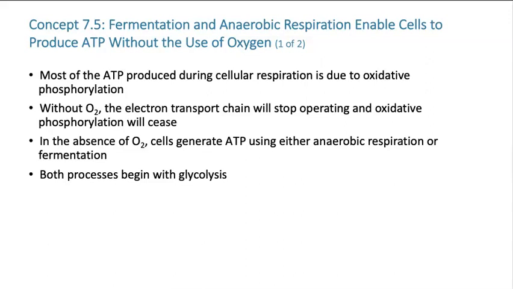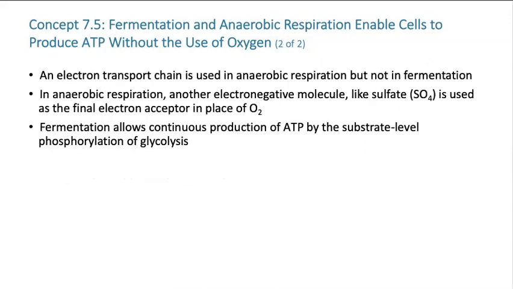And no matter which type of fermentation we talk about, we're going to be starting with glycolysis. Again, we're not going to talk too much about the anaerobic respiration part of this, but for both fermentation and anaerobic respiration, there's no oxygen involved.